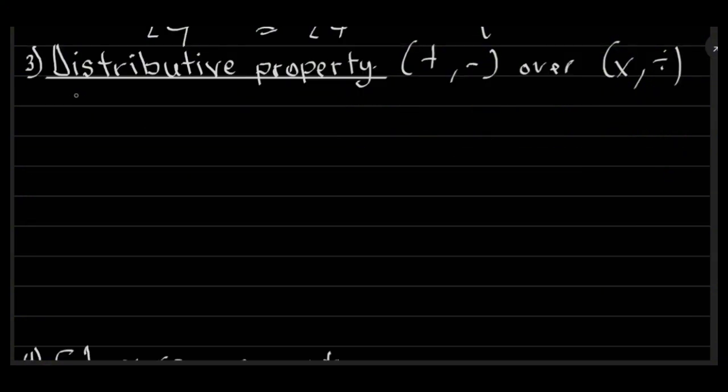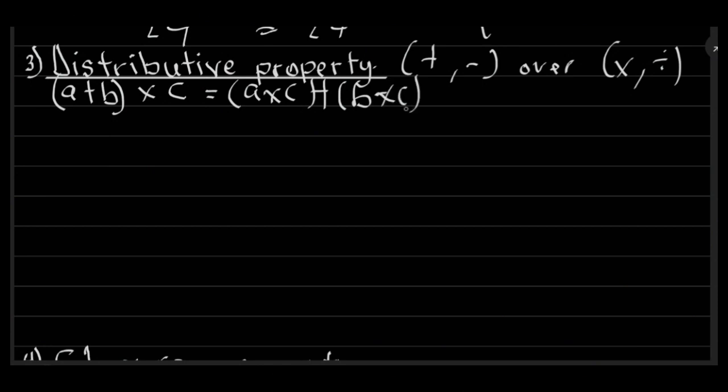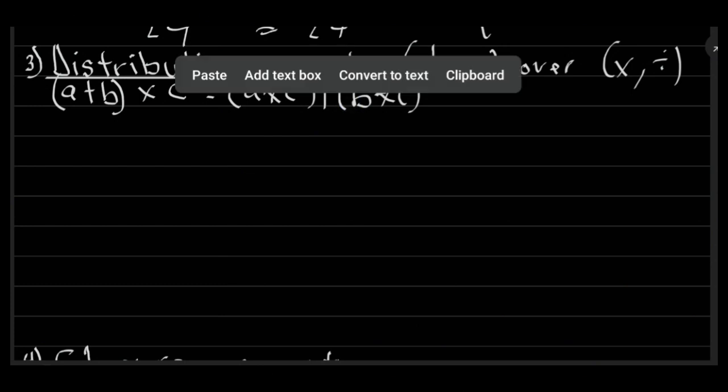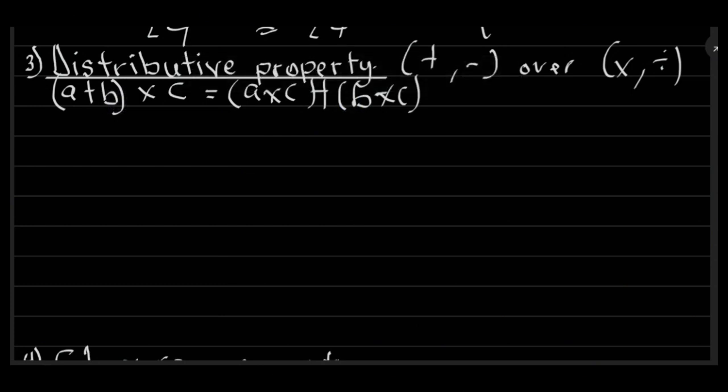What we are saying is that if we have (A plus B) in brackets and they are all multiplying C, it could be expanded into (A times C) plus (B times C). It could be changed from this to this or from this to that.